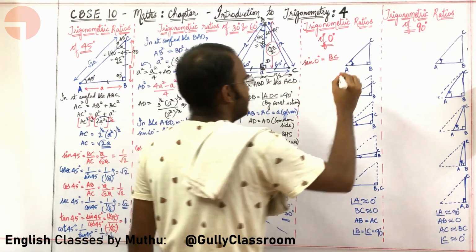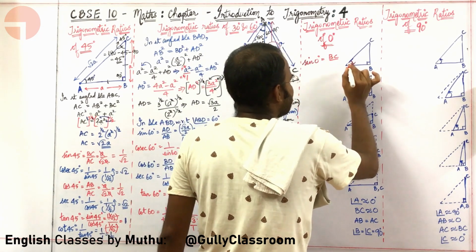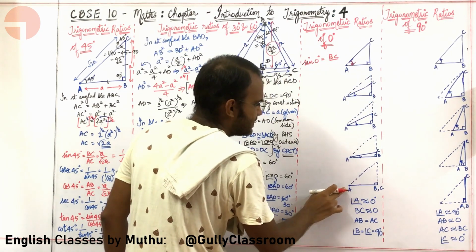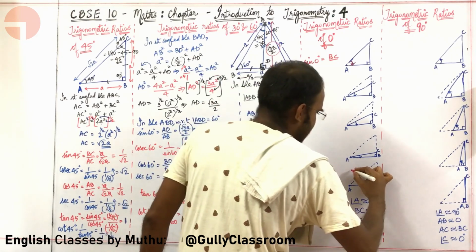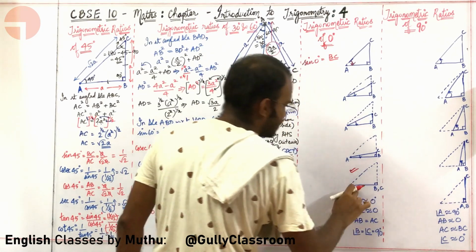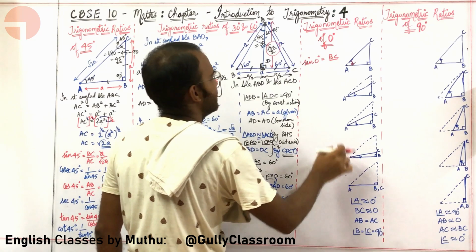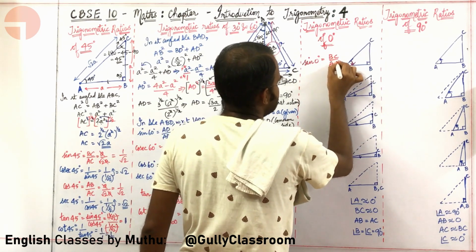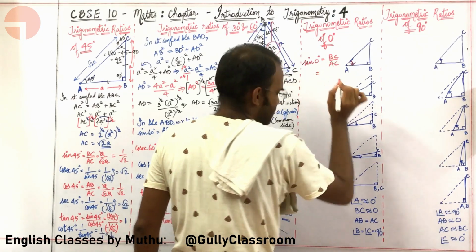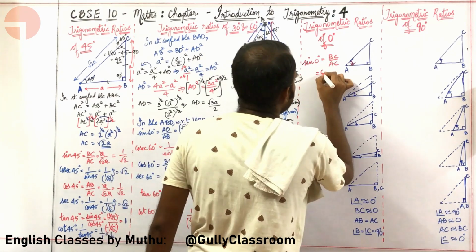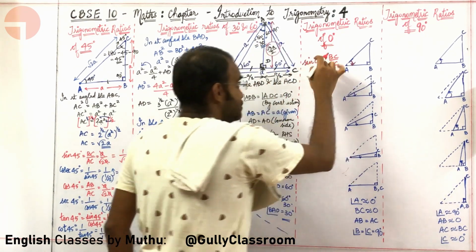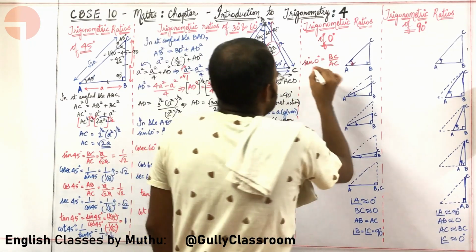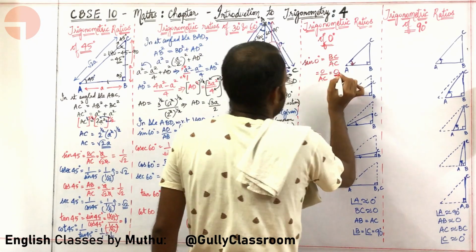I am calculating everything with respect to angle A, because angle A is reduced to 0 in this particular triangle. Fine, sir. So sine 0 is BC by hypotenuse, which is AC. What is the value of BC? The value of BC is 0. 0 divided by AC. 0 divided by anything is 0. So sine 0 is nothing but 0.